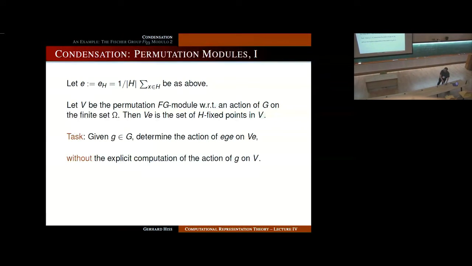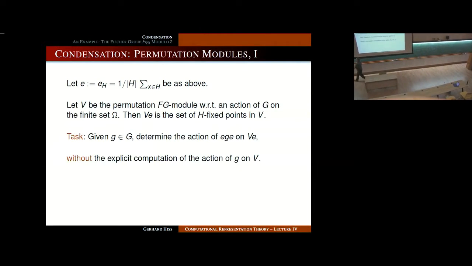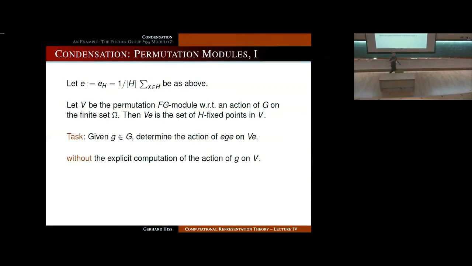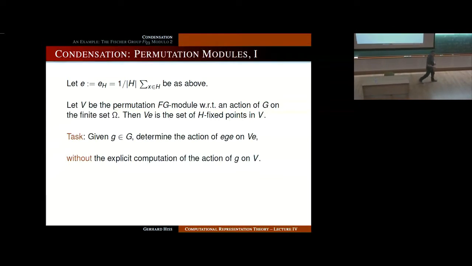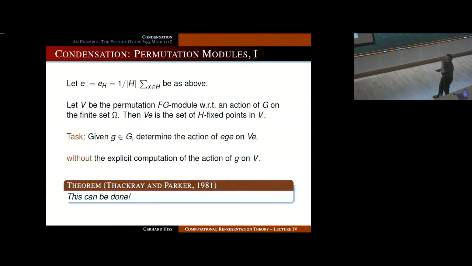And of course, these are huge orbits, or maybe sometimes you don't even take vectors, we take subspaces of dimension 2 or of dimension 4 and let the group act on them. So these orbits are huge. But this can be done. So this was already done.